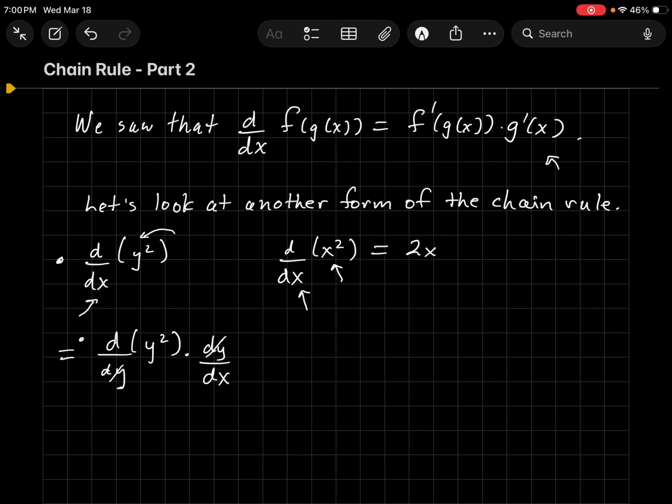It might not look the same, but it is the same. So now we can take the derivative of y squared with respect to y, which is 2y, times dy dx, which sometimes we can evaluate, sometimes we leave it like that. That might be part of the answer.